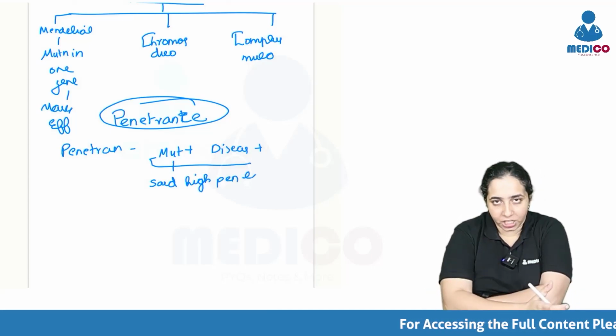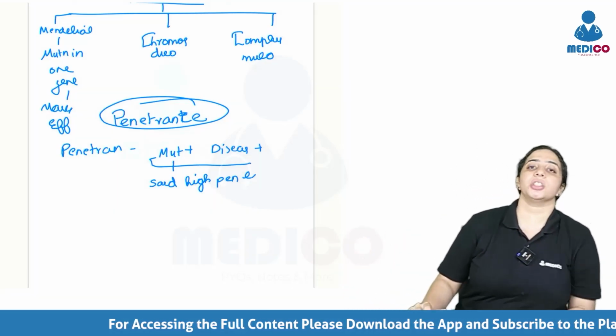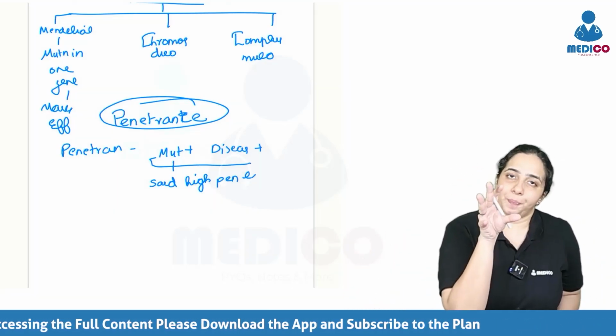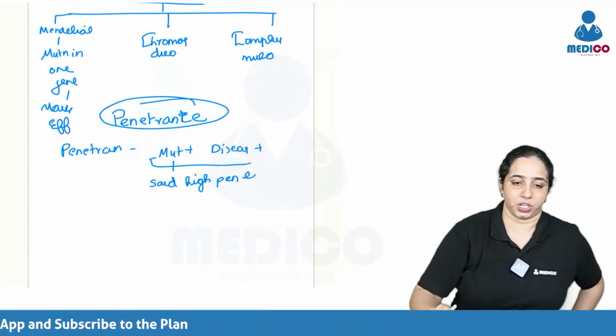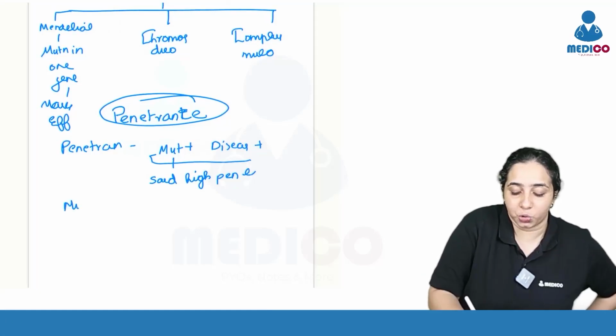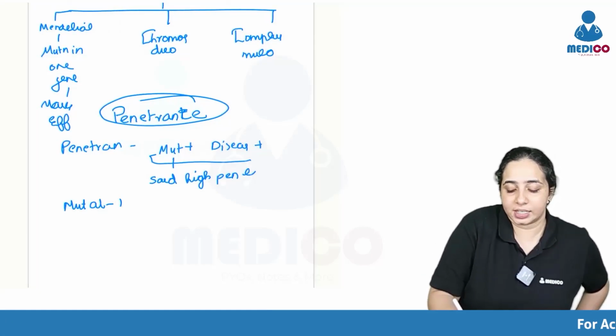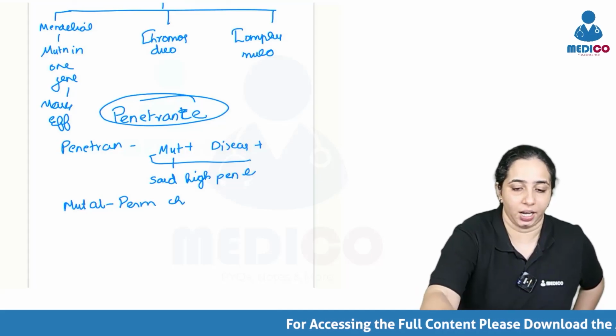So, a single mutation resulting in a single disease, whatever the disease may be, that is called penetrance. The ability of a mutation to cause a disorder is called penetrance. Now, what is mutation? Mutation is a sudden, inheritable or acquired permanent change in DNA.